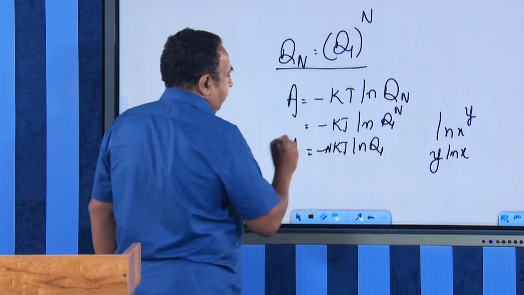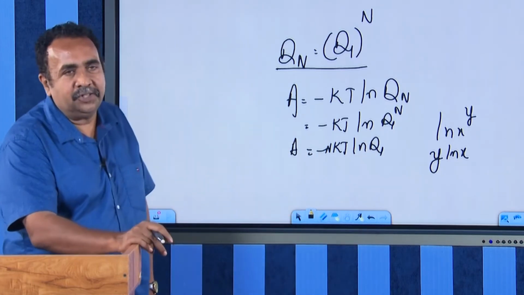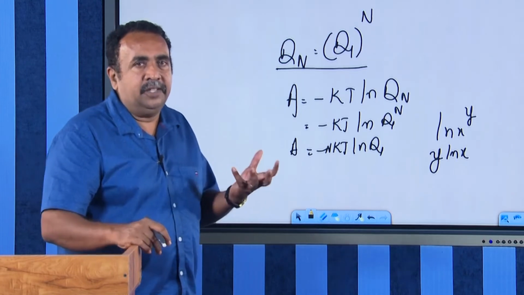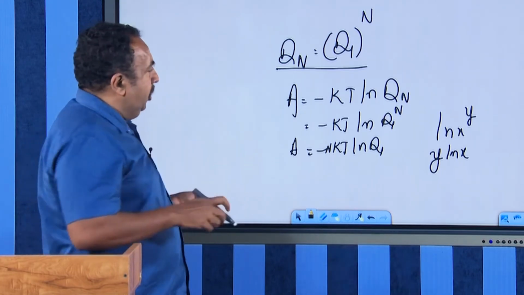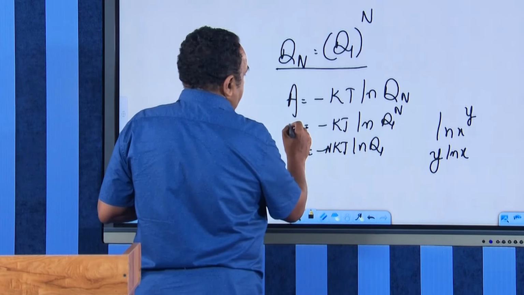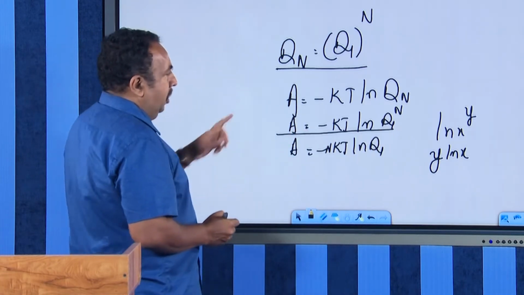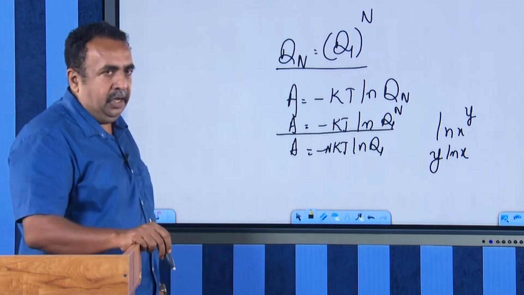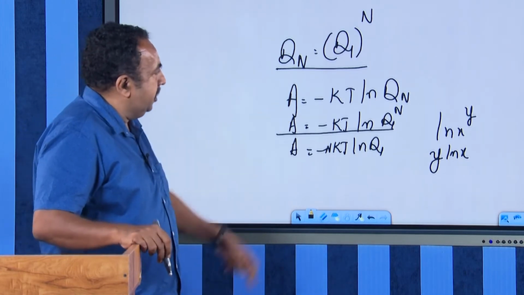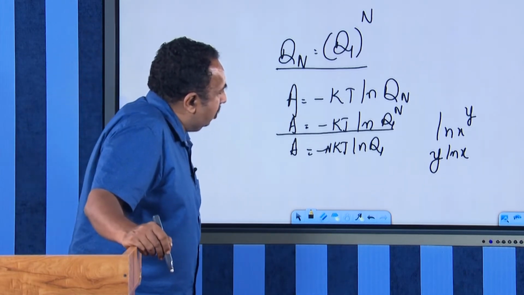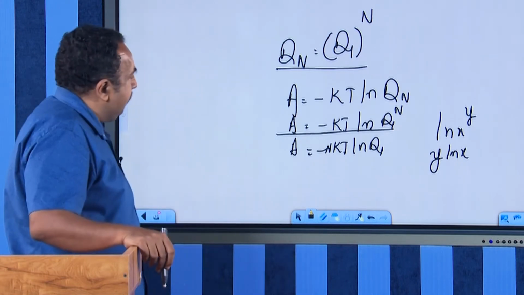These are the techniques of evaluating the partition function. For N particles, the Helmholtz free energy can be written in this form, minus NkT log Q1.